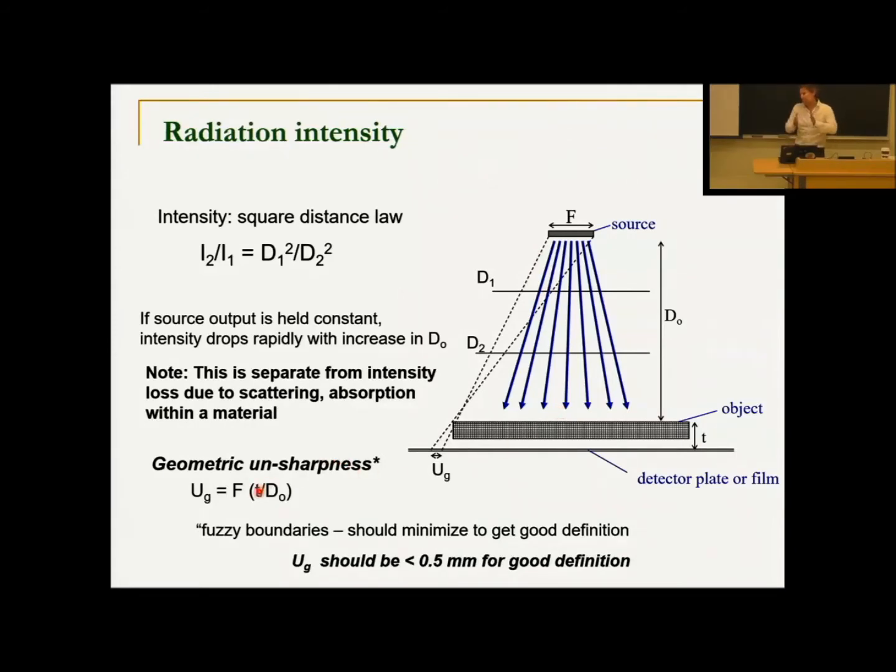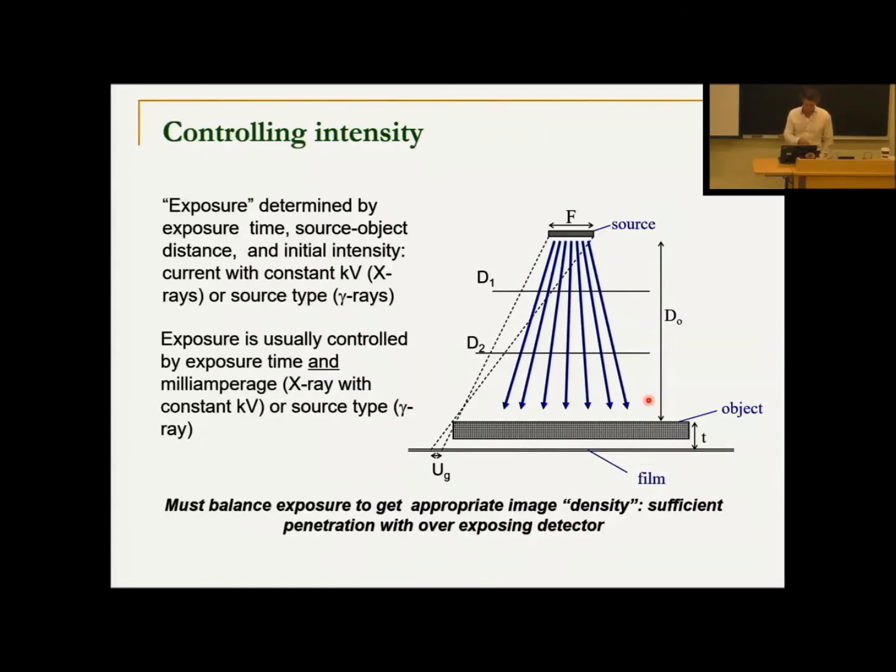So we want to be far away from the source, but very close to the detection unit. And the detection unit is usually a radiation detector or a film, right? So far away from the source, close to the object, that's a good image. But as we get far away from the source, the intensity drops quite a bit. Okay? So that's the challenge with X-ray.